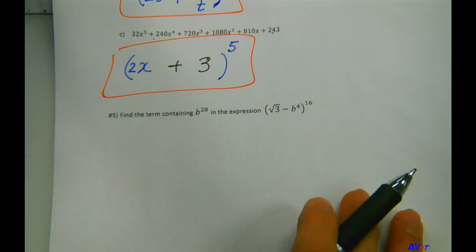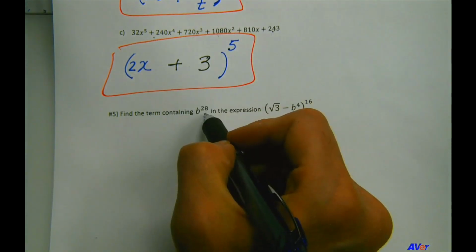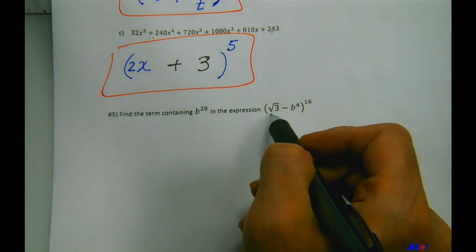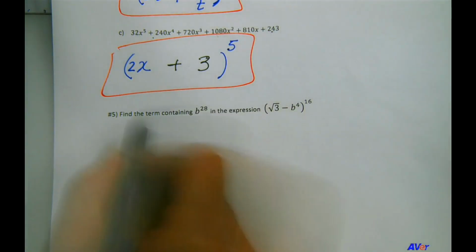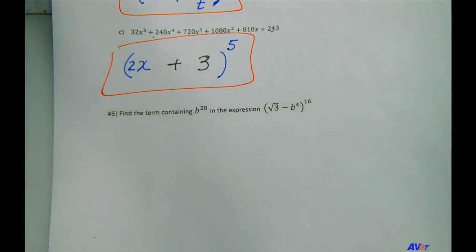Okay, now this last problem is a little bit different. It says find the term containing b to the 28th power in the expression. Well, first of all, how many terms are we going to have in total?